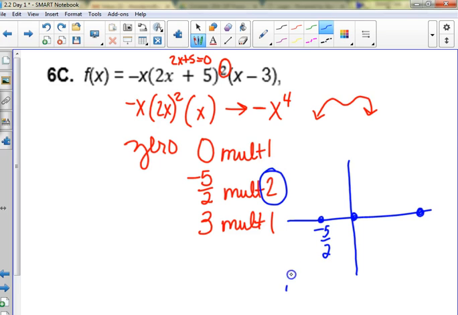Because of the even multiplicity, it's going to bounce off and not cross there. And then what's it going to do at 0? It's going to cross, and then it's going to cross again. Does it give us the proper end behavior? Clearly, it has a 0 at 0. That's the huge dot there, the Hofbauer huge dot.